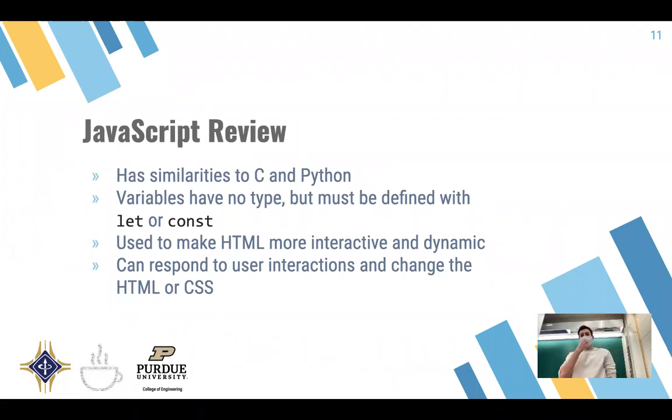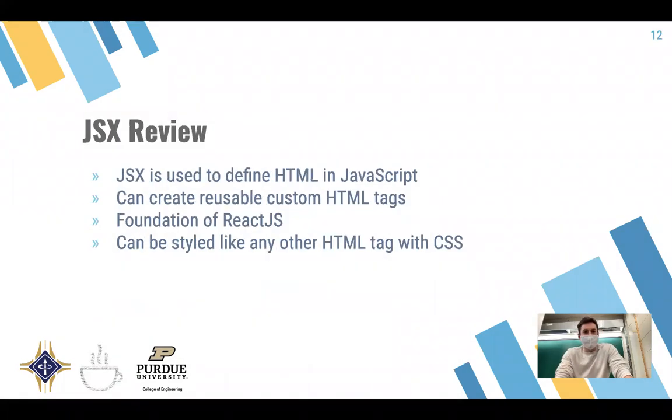But the goal of JavaScript is interactivity and making pages dynamic, which is really cool. And then JSX, this is what we covered last week. For a review, it's basically just HTML and JavaScript. You can create reusable custom tags, which is very nice. It's the foundation of React, and it can be styled just like an HTML tag can be styled using CSS.